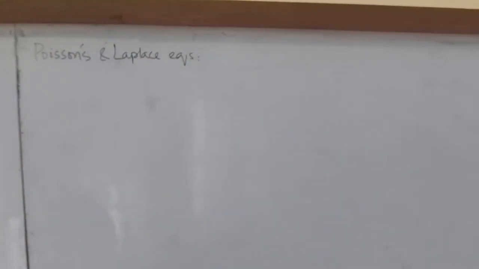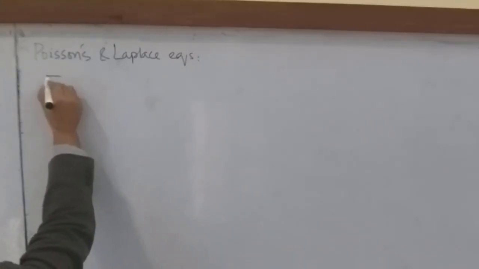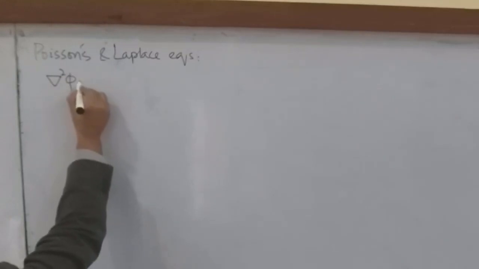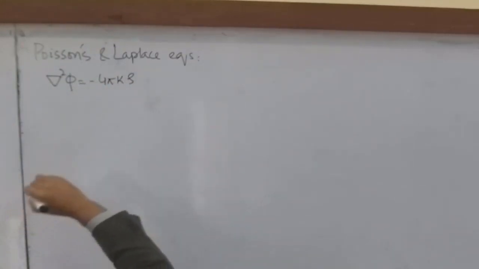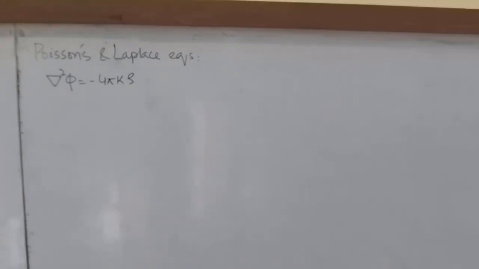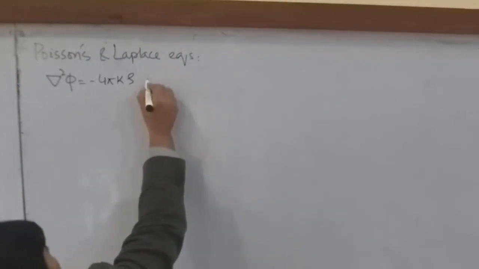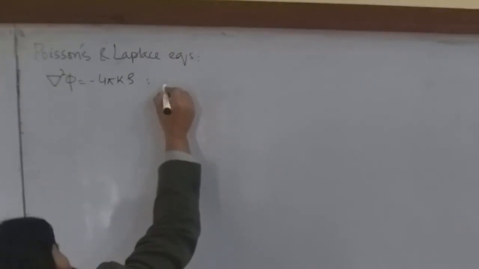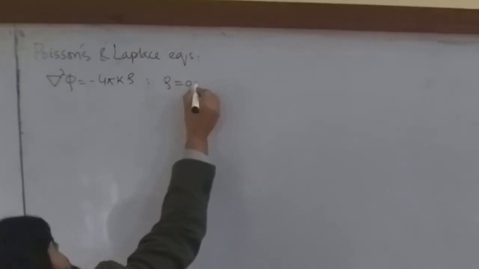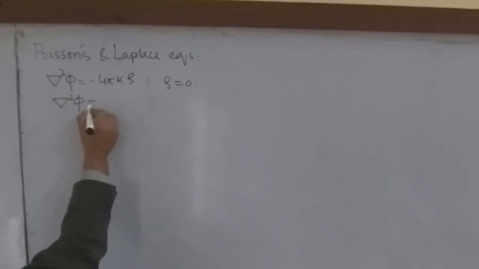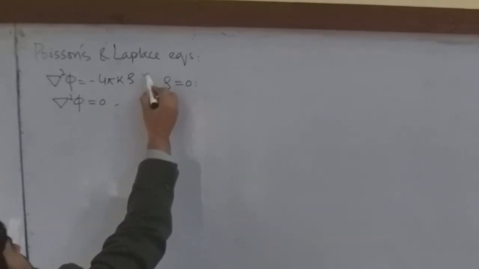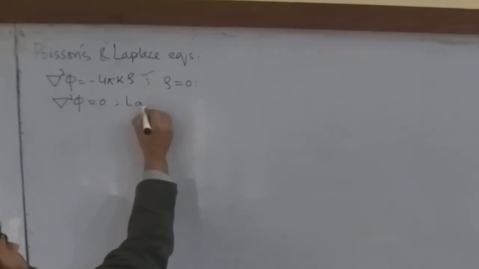You know, the Poisson's equation was del square phi equals minus 4 pi k rho of x. If I am in a region where rho is equal to 0, then del square phi will be equal to 0. This is the Poisson's equation and this is the Laplace equation.